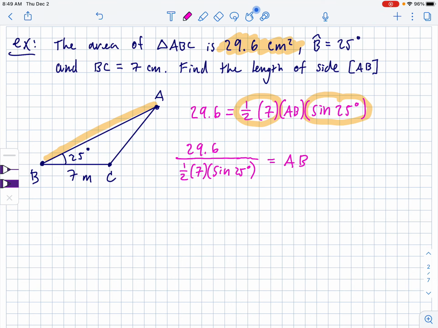And this is equal to AB. Then you can punch all of this into your calculator, but just be careful. Use safety parentheses. So you do 29.6 divided by big parentheses, and then you punch all that into the denominator. To 3 sig figs, this is 20.0 centimeters is equal to AB.